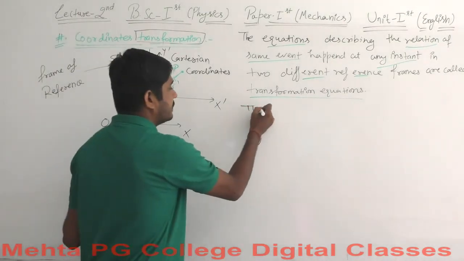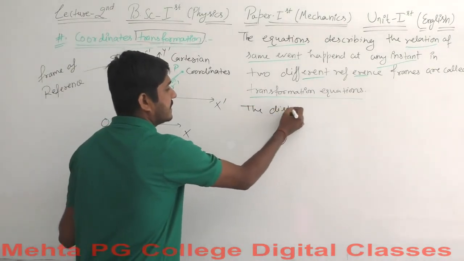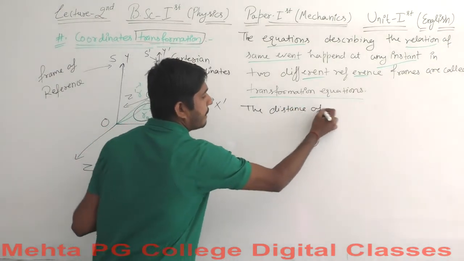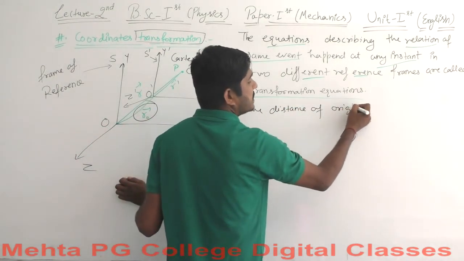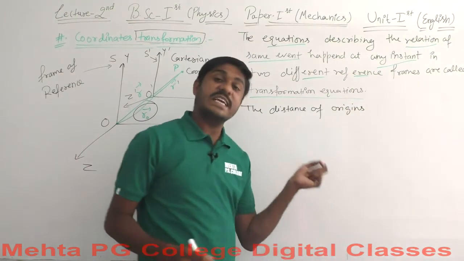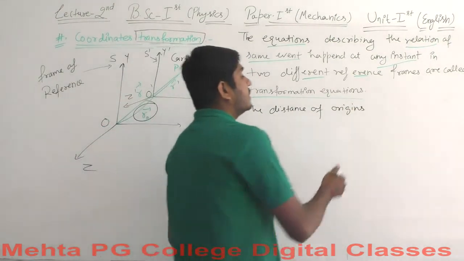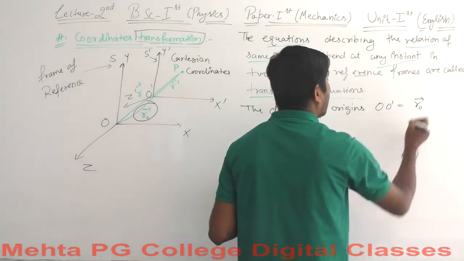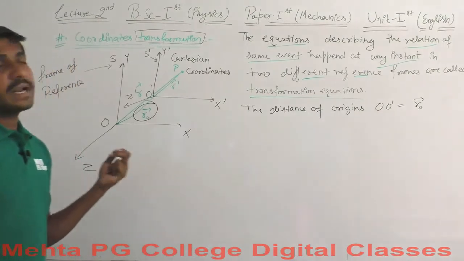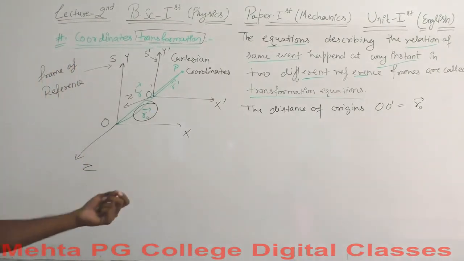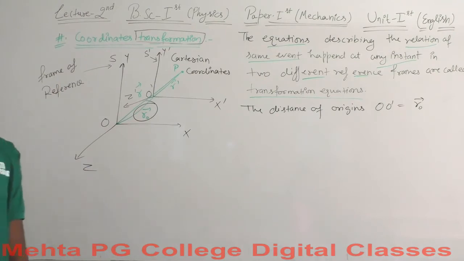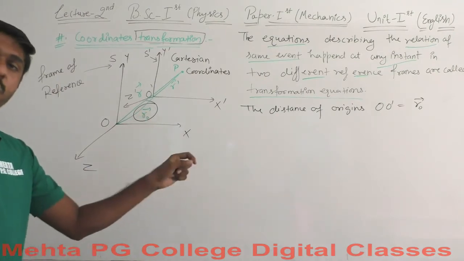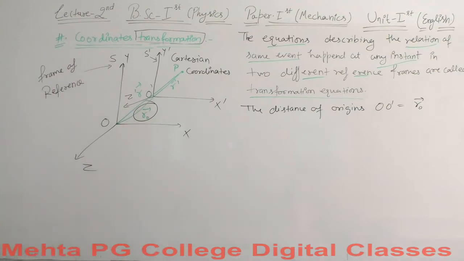Let's say the position vector, the distance of origins, or simply the distance between the frames, that is O dash, is represented with the symbol R naught vector, because R naught represents the origin radial vector or the displacement vector for the origins of both frames.